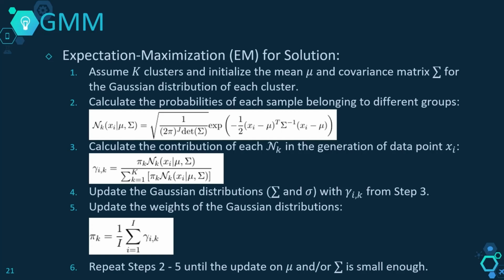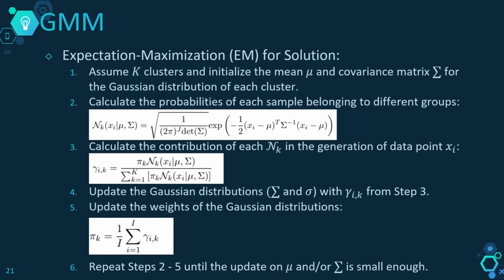So you can see that the first step in this EM process is to assume the distributions depending on how many clusters you have. If you have 3 clusters, you need to assume 3 different normal distributions. For each of them, we just need to figure out mu as a vector and sigma as a 2D array. That's the first step. The second step is to calculate the probability of each sample or data point belonging to different groups.